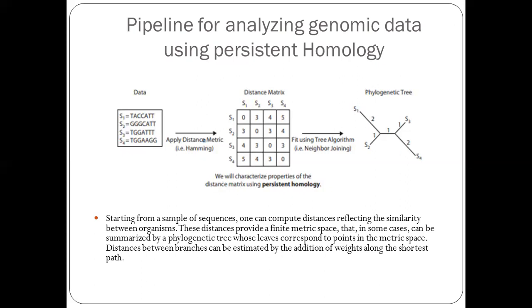For example, the distance between S1 and S2 is 3 because we need 3 mutations or 3 changes in S1 to get S2. Similarly, we get the distance matrix for all of these combinations, and then we fit it using the tree algorithm to get the phylogenetic tree, which has all the sequences with the Hamming distances.